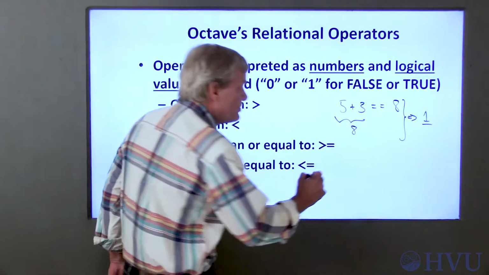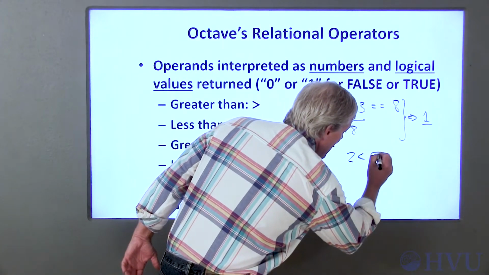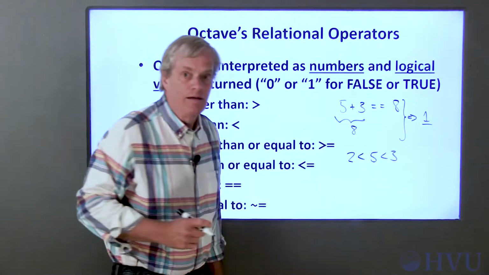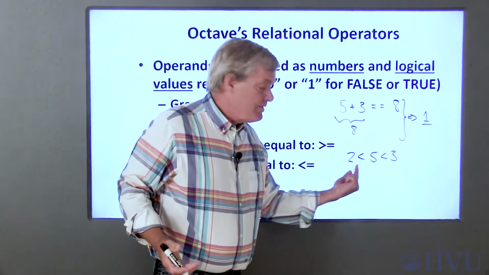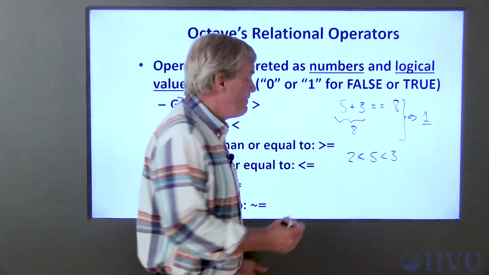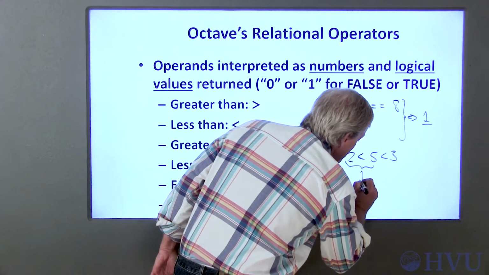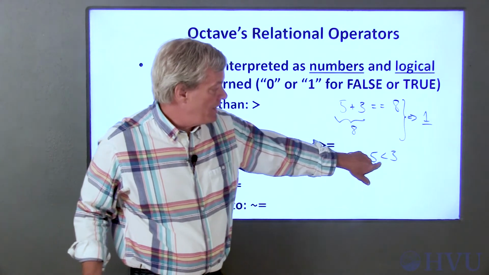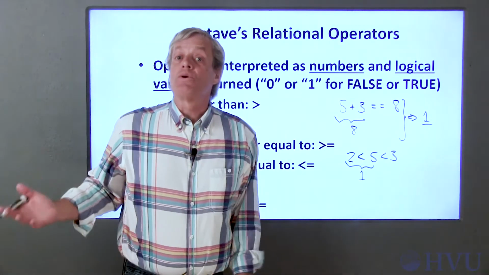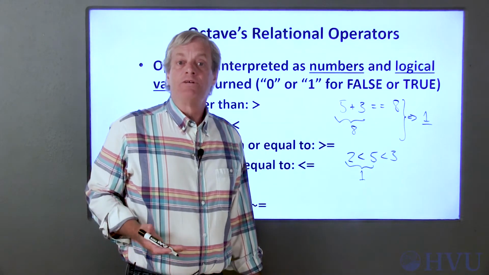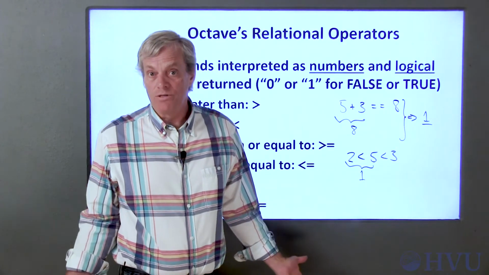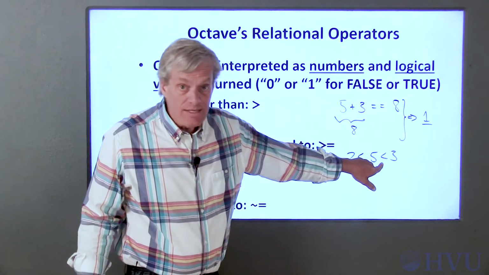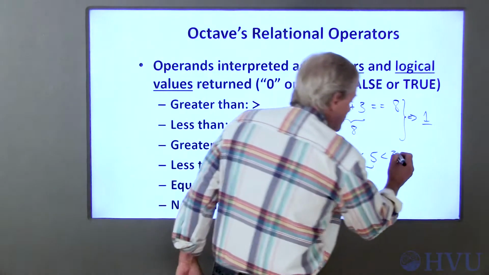So the command 2 less than 5 less than 3 checks whether 2 is less than 5 first. That's true, so Octave returns a 1. Then Octave checks to see whether 1 is less than 3. Notice that inputs to the relational operators are used as numbers rather than logical values. 1 is less than 3, so Octave returns a 1.